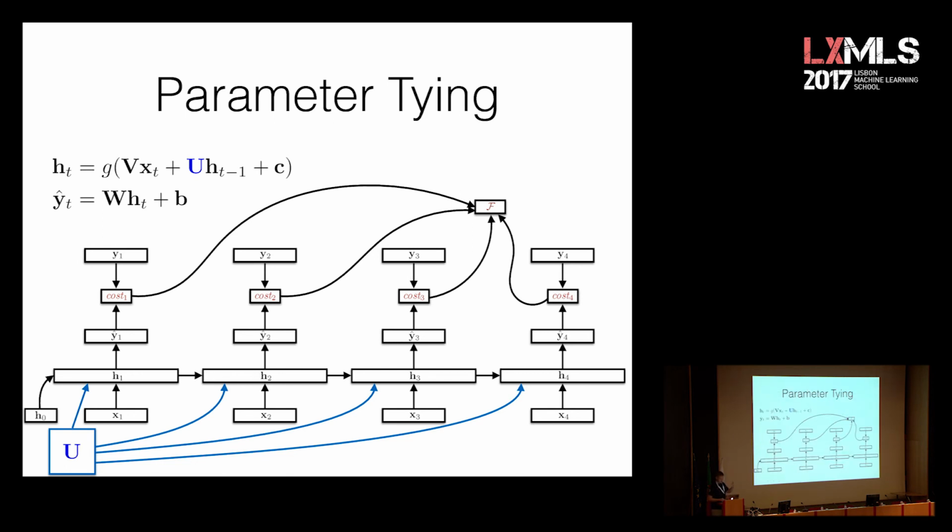So what do I mean just explicitly by parameter tying? So let's look at this parameter u up here. So this is one formulation of the recurrent neural network. So we can think about u as being a value that contributes to computing h1, h2, h3, and h4, where all of these are using the very same u.